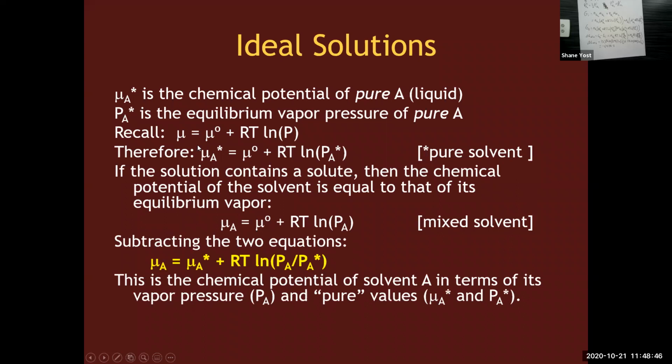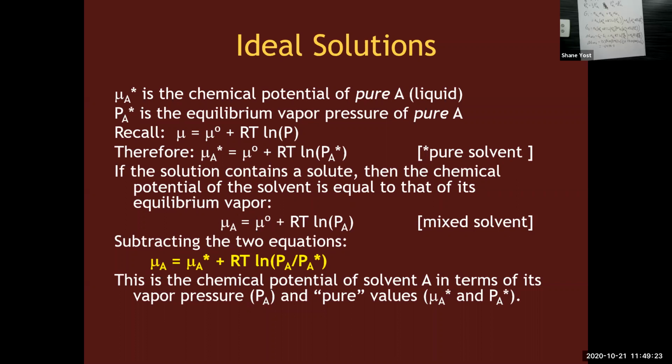So if I subtract these two equations, what you get is that the chemical potential of A in some mixture is equal to its chemical potential of pure A plus RT times the natural log of the vapor pressure of A in the mixture divided by the vapor pressure of pure A, the pure solvent. This relationship we'll use on Friday again when talking about colligative properties.